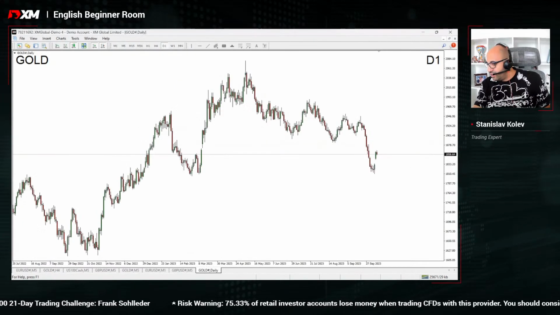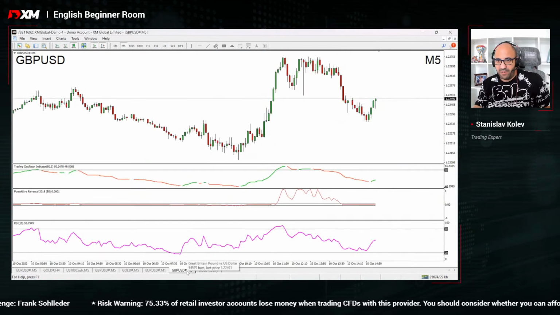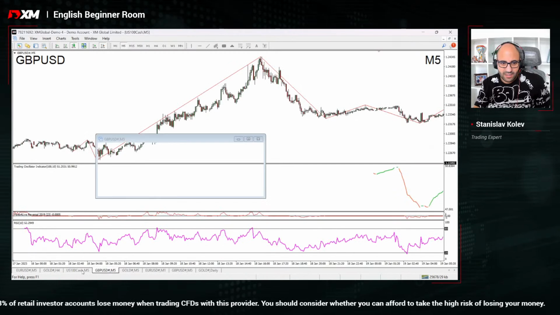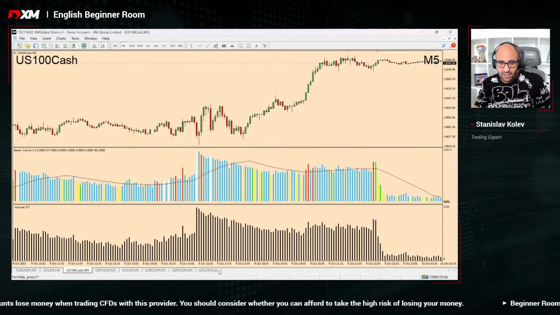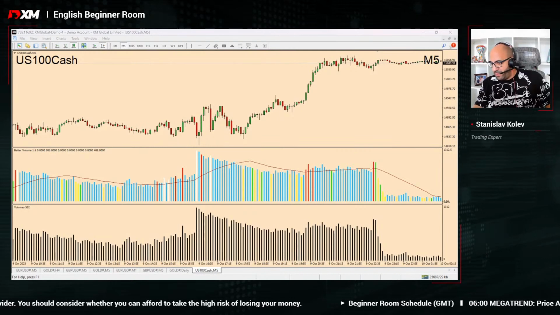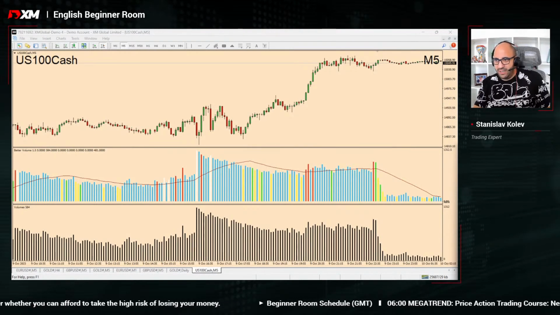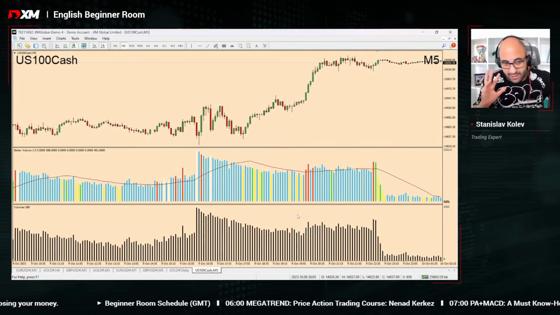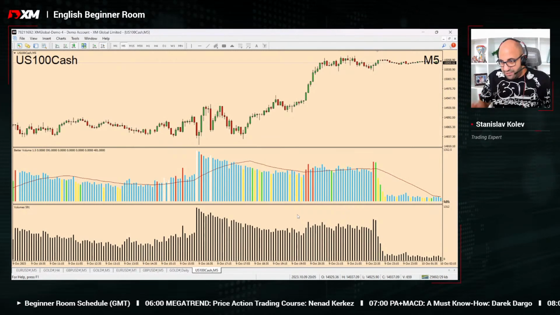I'm getting back actually to the topic that I have prepared for our discussion together, and this is the topic with the better volume indicator. Now, as I explained already, it is the same as the original volume indicator, we just have colors.